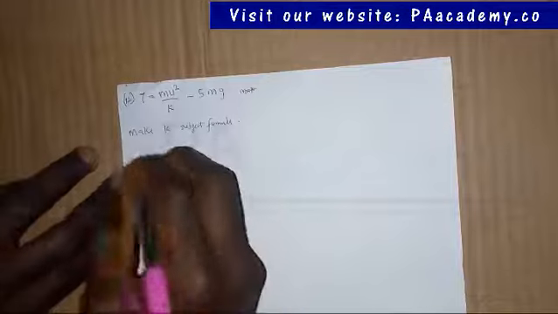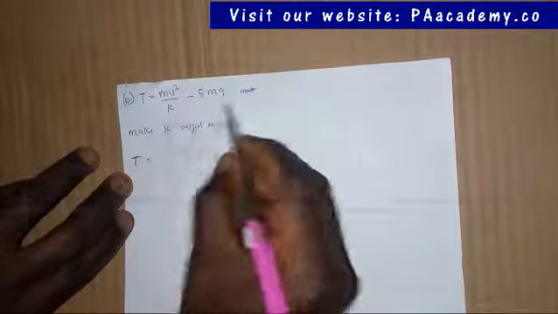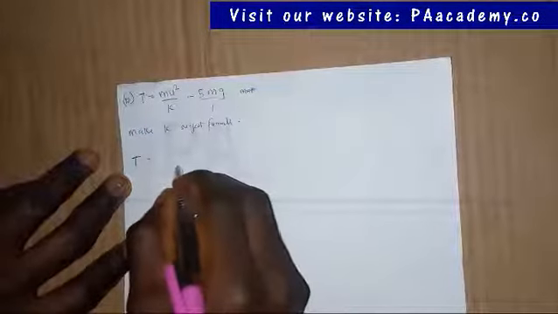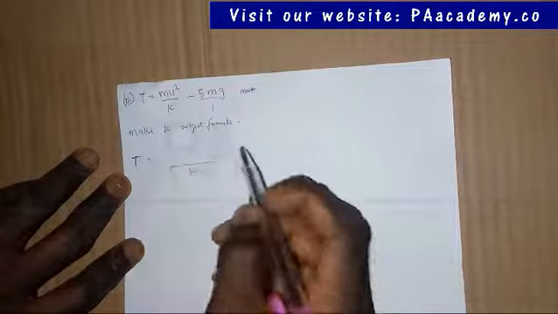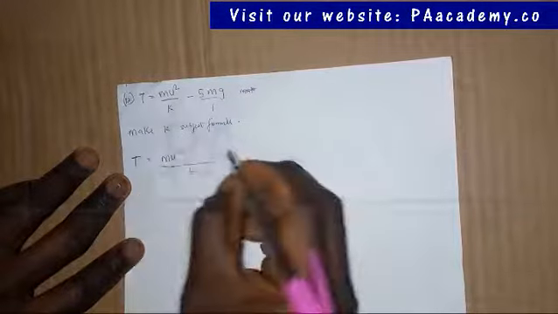Alright, so let's solve. In this we are going to have T equals, so let's simplify what we have on the right. So this 5mg we can take to be over 1, so that we can find the LCM. So the LCM here is k. So k divided by k here is 1, multiplied by mu square, we are going to have mu square.